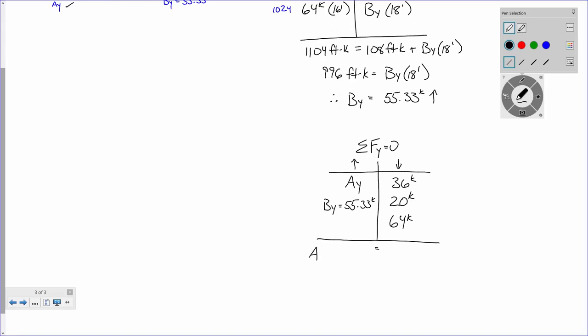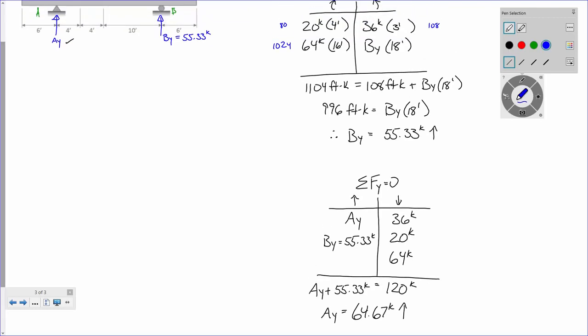Here on the left, it's AY plus 55.33. And on the right, 36 plus 64 is 100, plus 20 is 120 kips. Looking like we made the right choice on our direction. And AY is 64.67. A positive sign indicates we assumed the right direction.